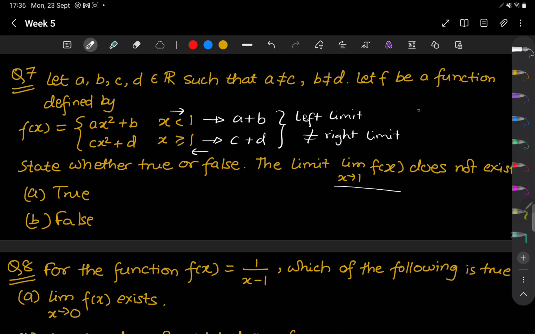Therefore the limit does not exist, because the left limit is not equal to the right limit. The two limits from different ends are different. As a result, the limit does not exist, so this statement is true.